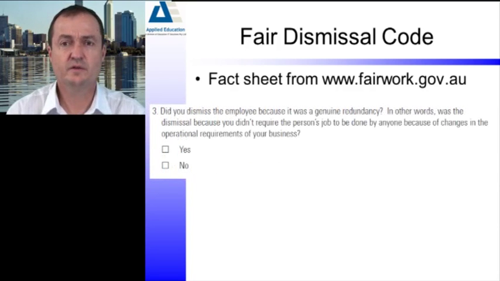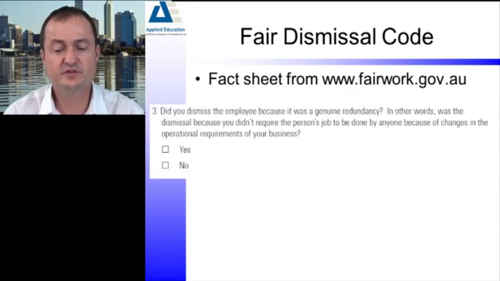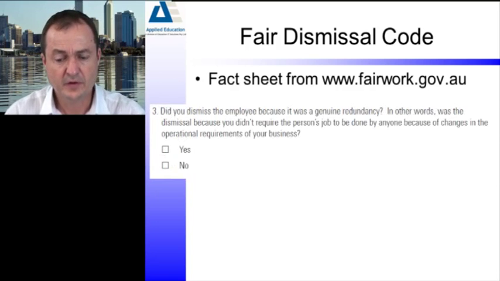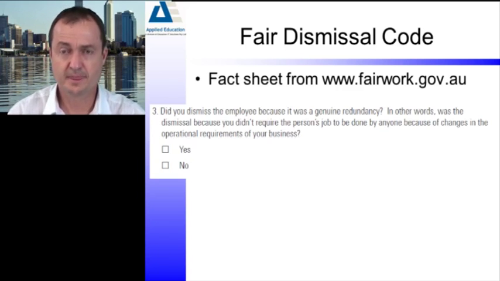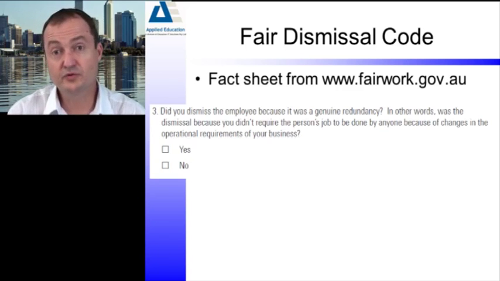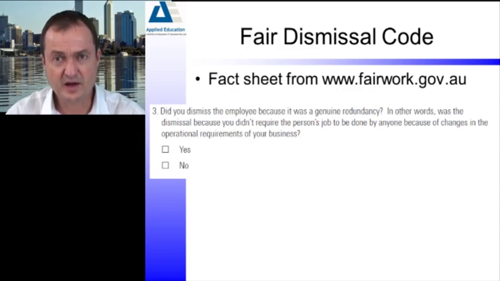The next question on the checklist refers to genuine redundancy. In other words, if you didn't require the person's job to be done anymore by anyone because of changes in operational requirements of the business. So it might mean closure of a division, reduction in output.